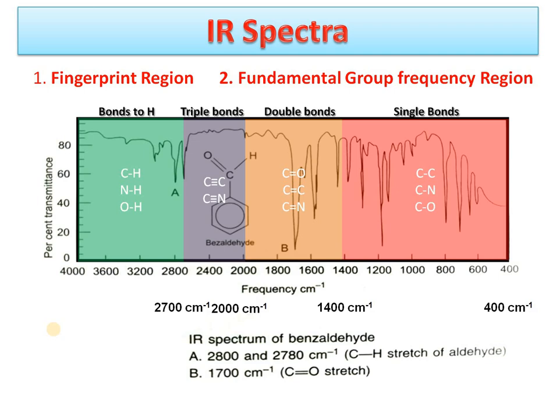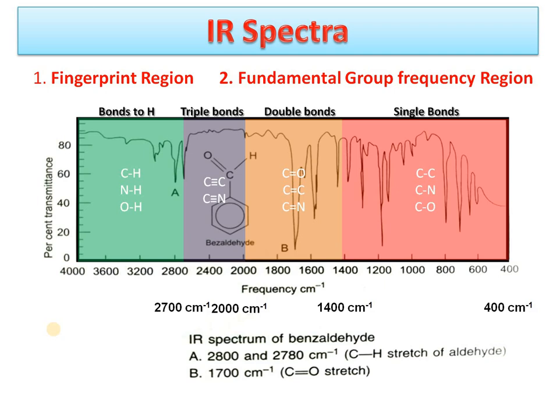In most cases, the x-axis will have wave number in centimeter inverse, while on the y-axis there will be percent transmittance. This graph is nothing but the behavior of the molecule in which it absorbs the infrared radiation, and it will carry out the vibrational transition in a molecule.